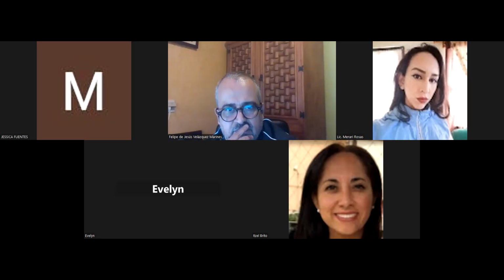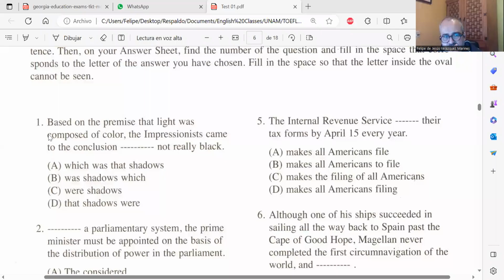For example, here, how many verbs are there? Based, is this a verb? No. Was composed, is that a verb? Yes. Came is a verb? Yes.